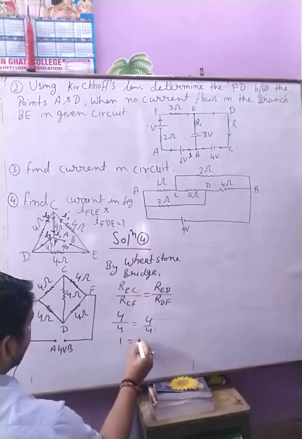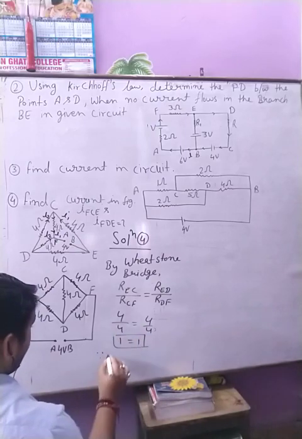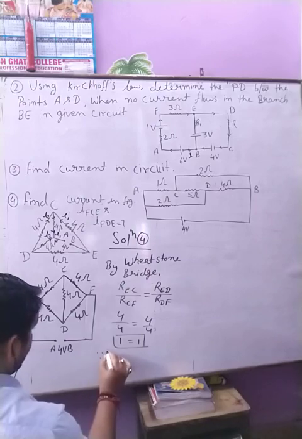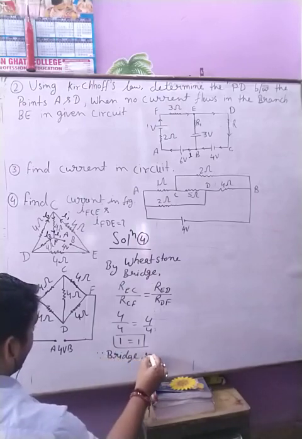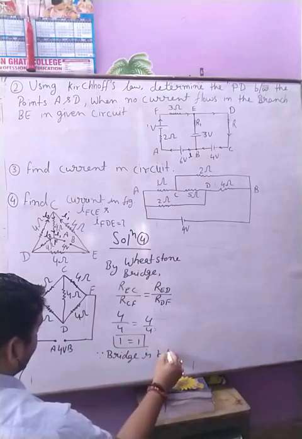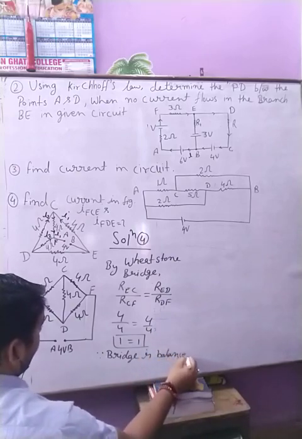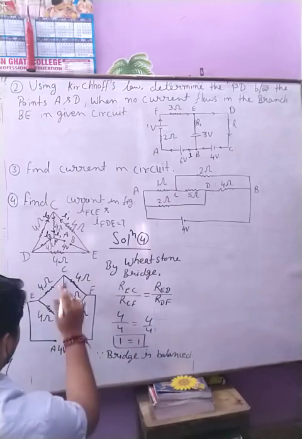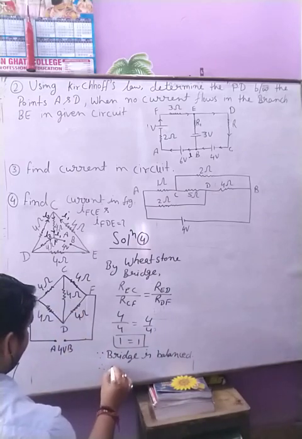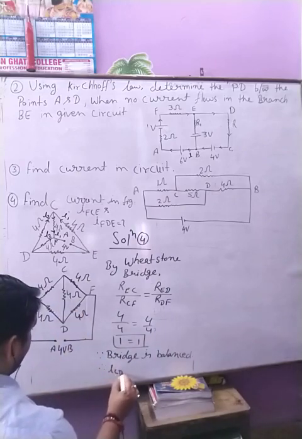We get 1 is equal to 1, that is, the bridge is balanced, and if the bridge is balanced, therefore the current in ICD is 0.